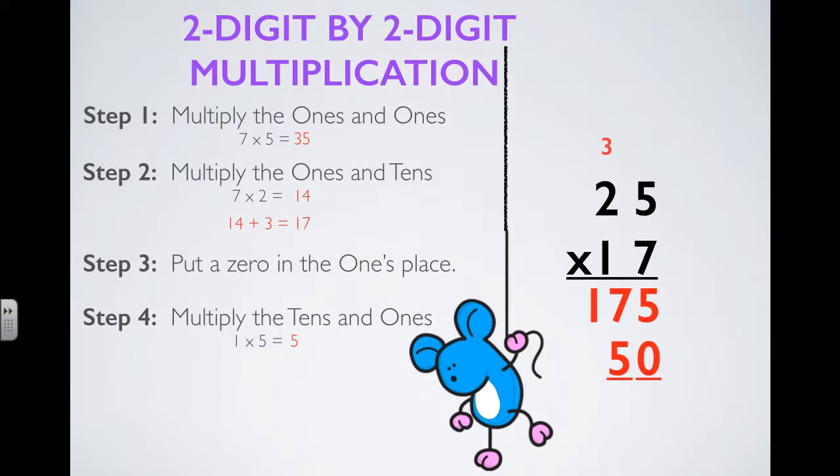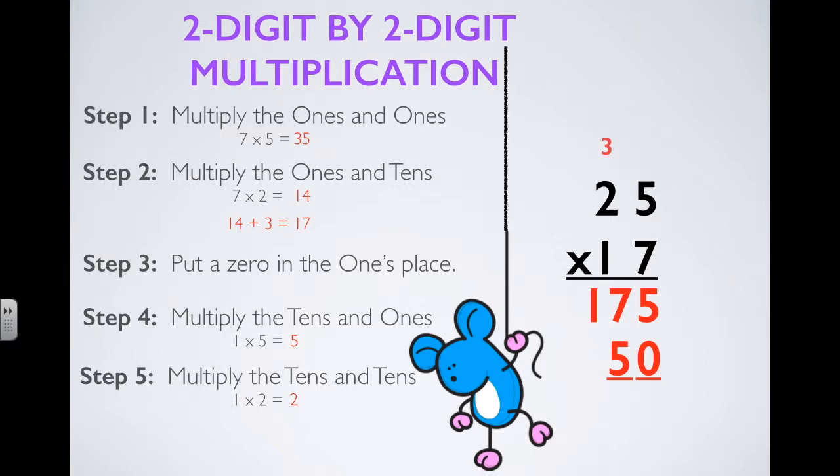Okay, moving on. Our next step, we're going to multiply the tens and the tens. 1 times 2. Okay, well, 1 times 2 equals 2. So where are we going to write down the answer to 1 times 2?